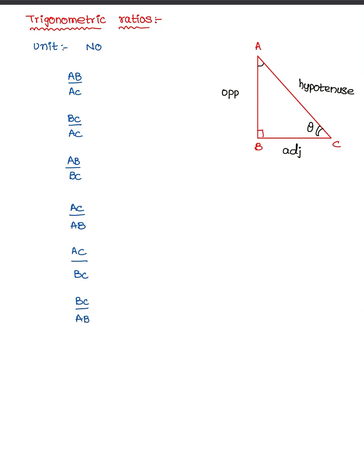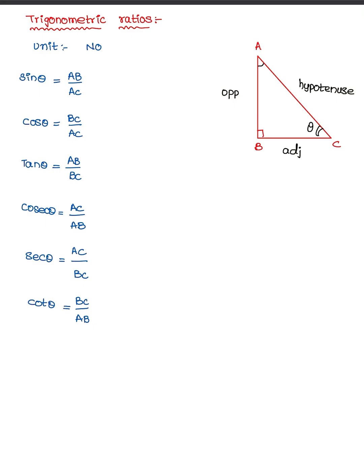No other ratios are possible in this. Only 6 are there. These 6 we call trigonometric ratios. The first is sin theta, then cos theta, tan theta, cosecant theta, secant theta, and cotangent theta.